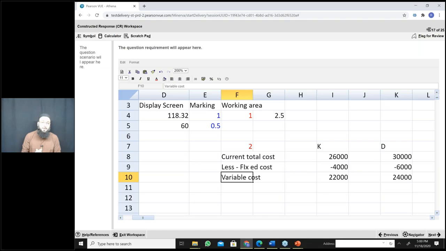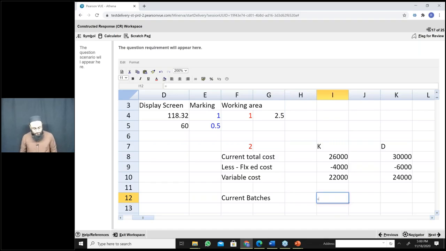This variable cost is for 500 units per batch, right? Which means the current cost is dependent upon how many units per batch? 500 units per batch. So let's find out the current batches. So how to find out current batches, friends?